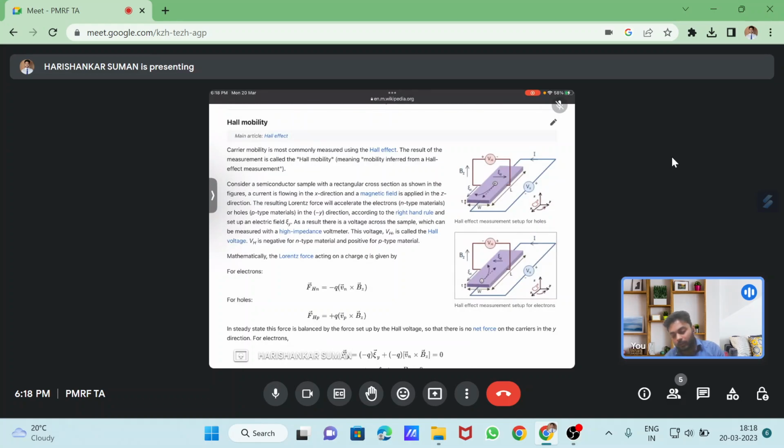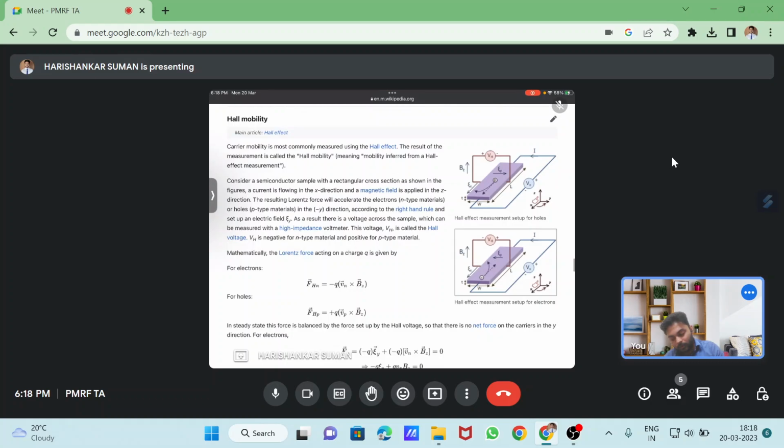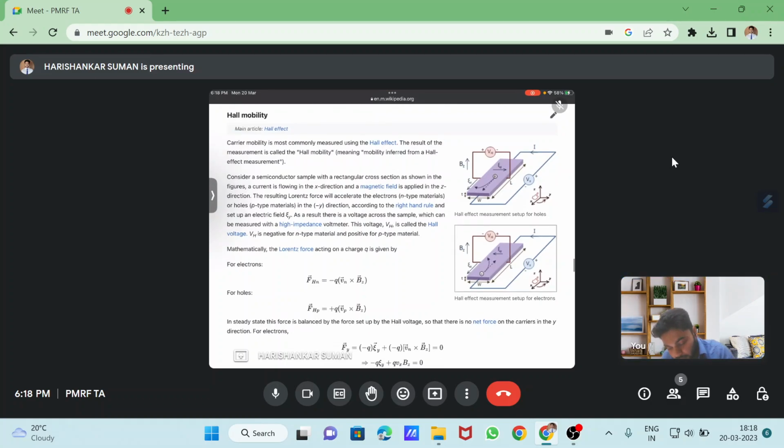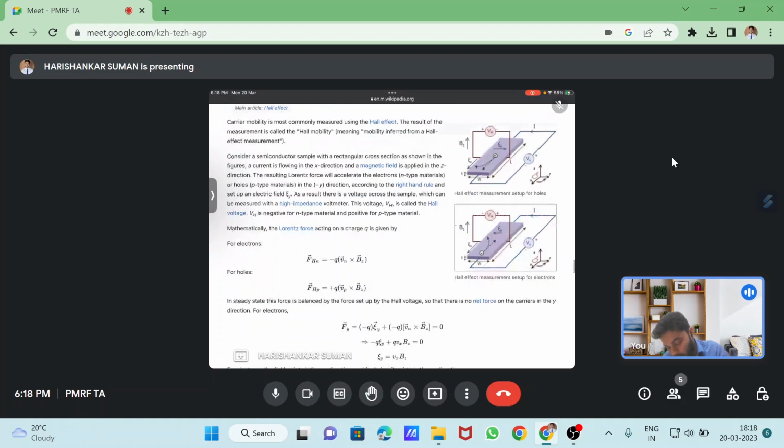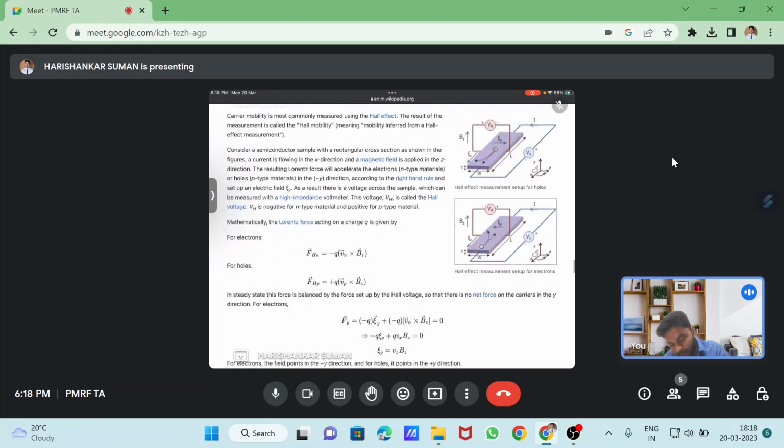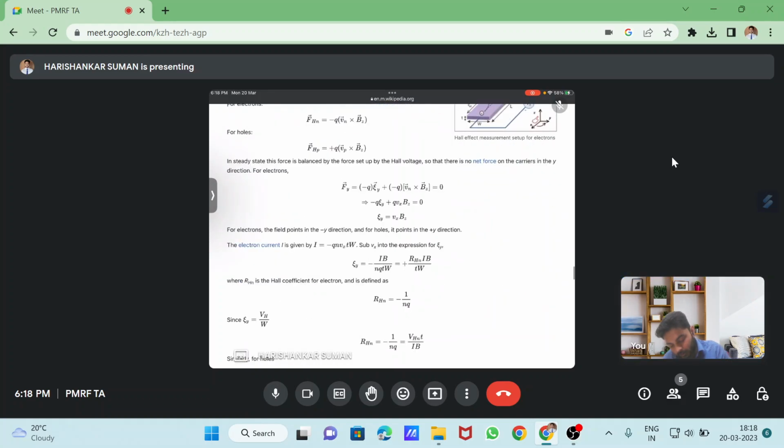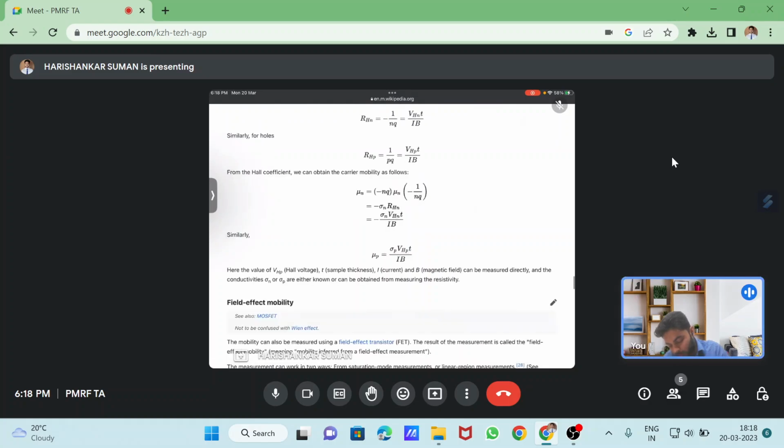You can calculate mobility from the Hall experiment. There is a whole experimental setup for the measurement. Sir, already discussed in class. Yes or no? So you can follow.